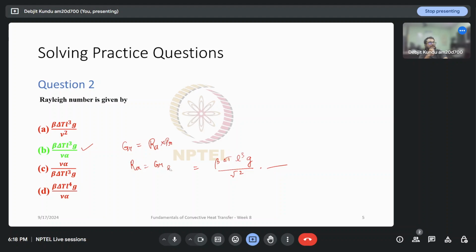So Rayleigh number would be Grashof number into Prandtl number. So I should be multiplying this with the Prandtl number, and as a result, I'll cancel out one nu, and alpha will get multiplied.